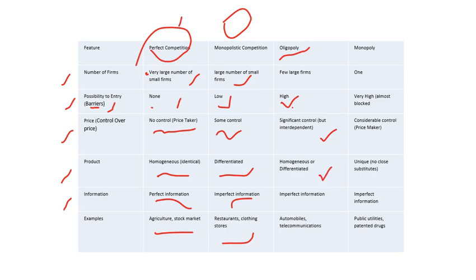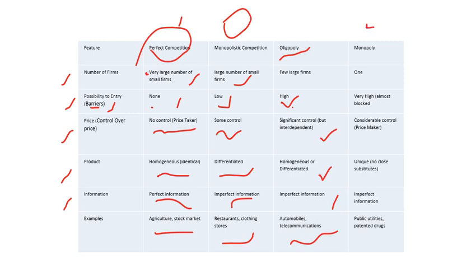They may produce homogeneous or differentiated products, depending on the industry. Imperfect information, and good examples here are automobiles and telecommunications. We also have airline companies, the soft drink industry, smartphones, etc.